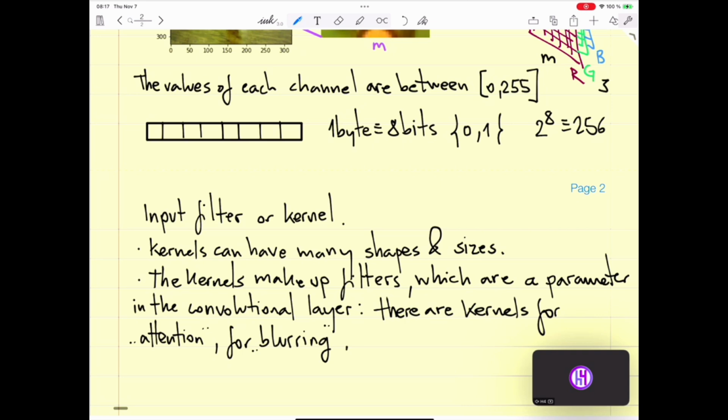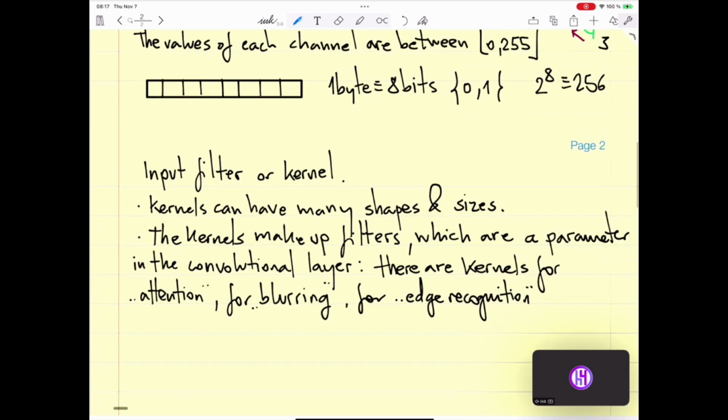If you don't want a little kid to be in the image, you can blur it. For edge recognition, and there are very many. Whatever you can do with an image, you do it with a kernel.